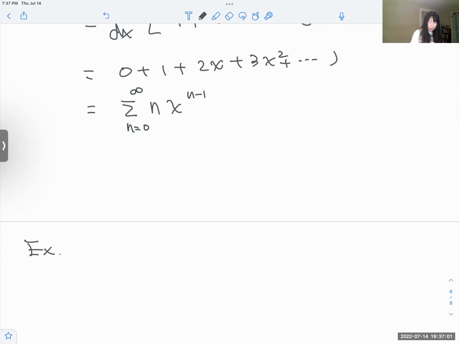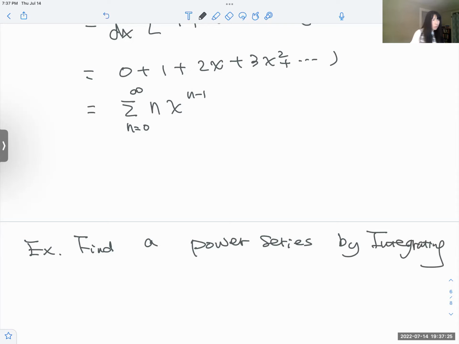Find a power series by integrating the power series for f prime. No n, only the power series.